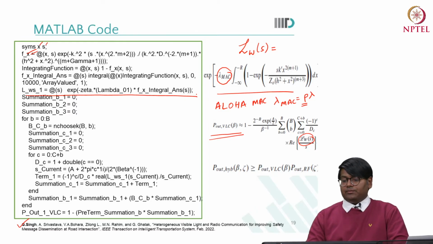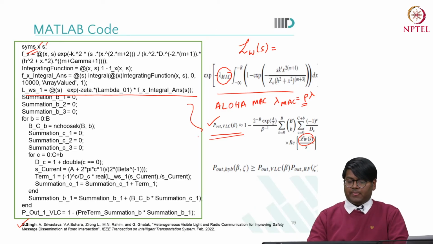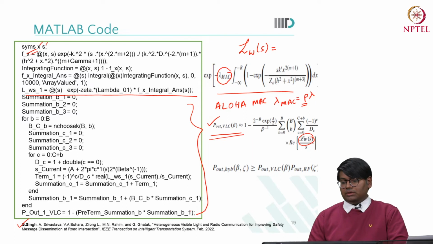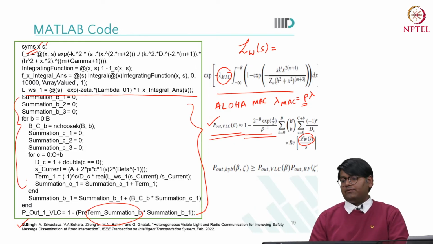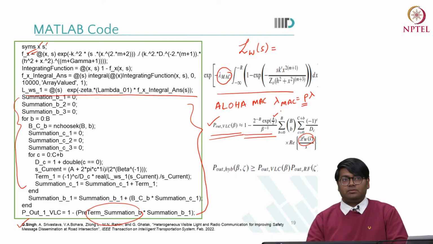Now, in order to compute numerically this equation of outage probability for VLC, this is a simple MATLAB code. The preterm here, preterm summation B, is given by this mathematical form. The rest is implemented over here. We have these parameters, also known as the controlling parameters.